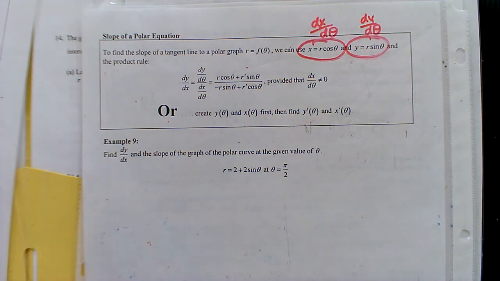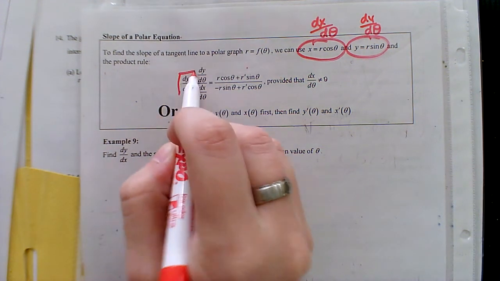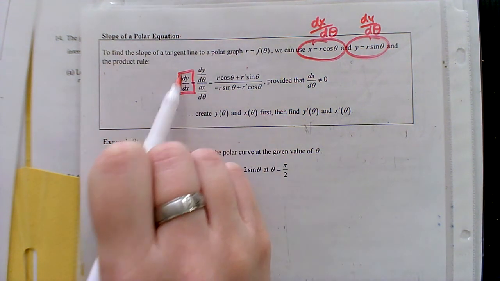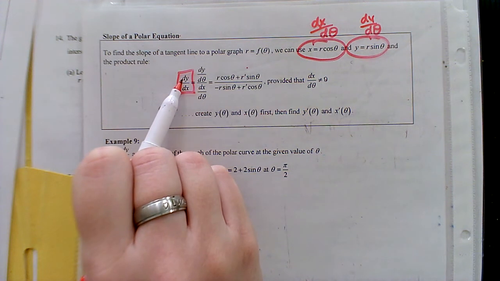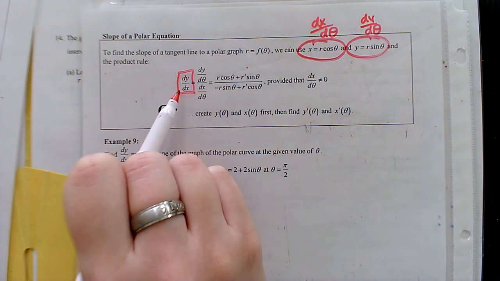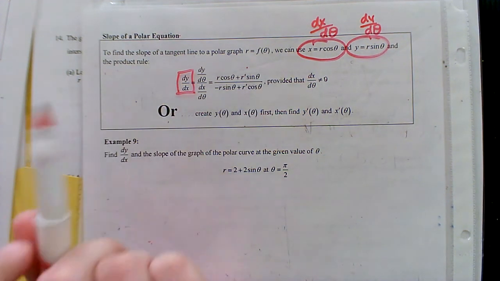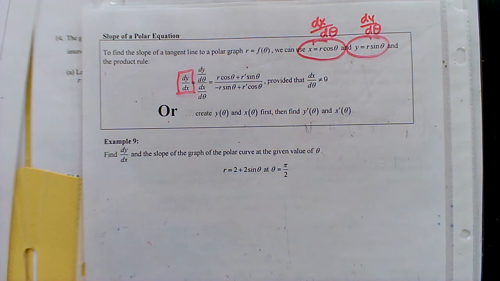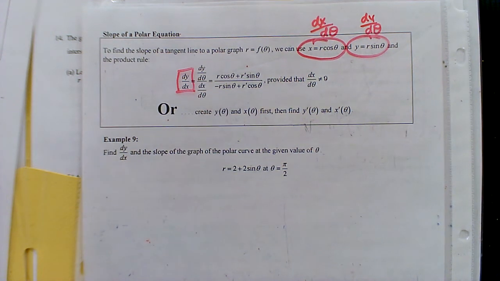And very similarly to how we did derivatives for parametrics, we can figure out the slope of the curve by simply taking the y derivative divided by the x derivative. Remember how we did that for the parametrics? It's going to work the same way with these polars. So it's not really anything new, it's the same process that we did for parametrics, just for these polars.